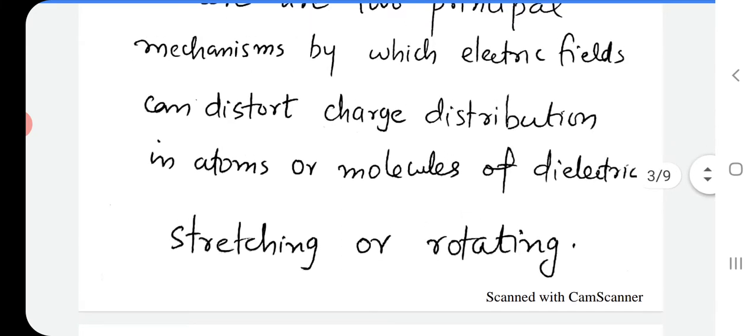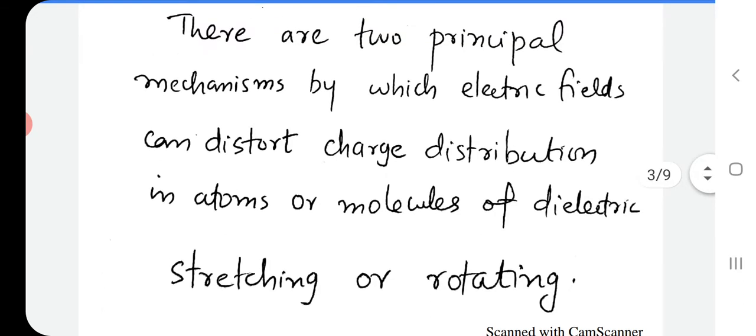The mechanisms are stretching or rotating. In the next section, we will see how the electric field can stretch the atoms of a dielectric, inducing dipole moment.